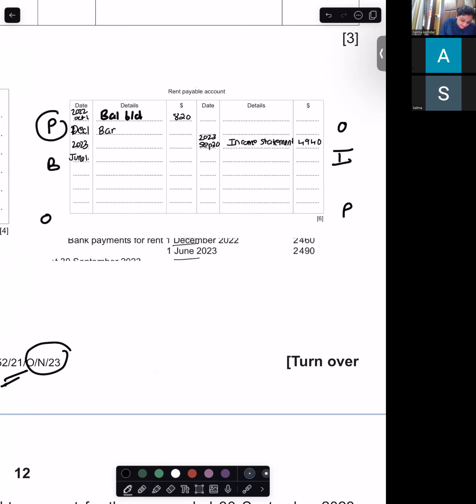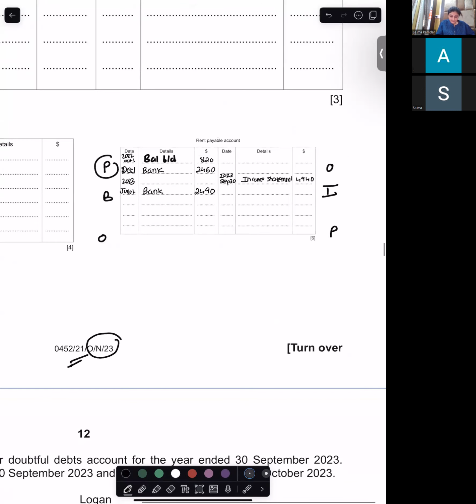It is bank paid during the year. So this is 2460 and one is 2490.